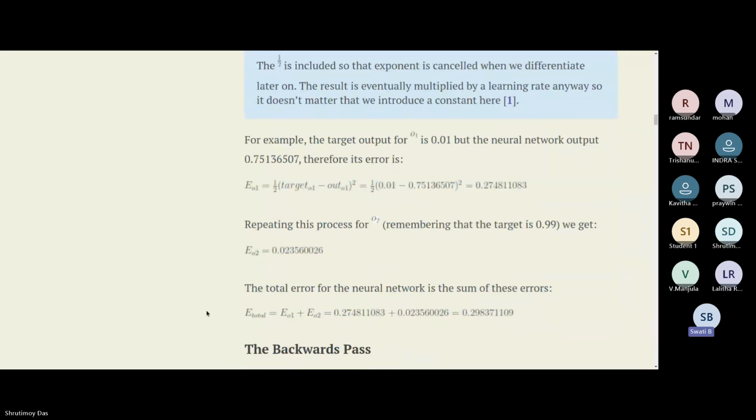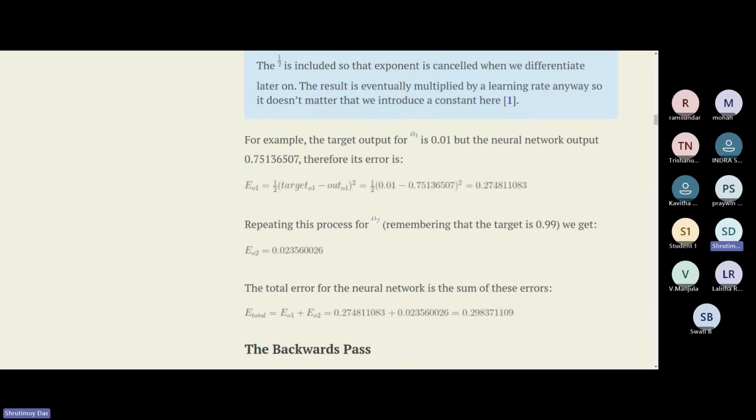Okay, if your output is a set of probabilities, say you're doing a classification task, you give an image and you have to classify whether that image contains a cat or dog or a monkey. Your output will be a probability: the probability of it being a cat, of it being a dog, or a monkey.